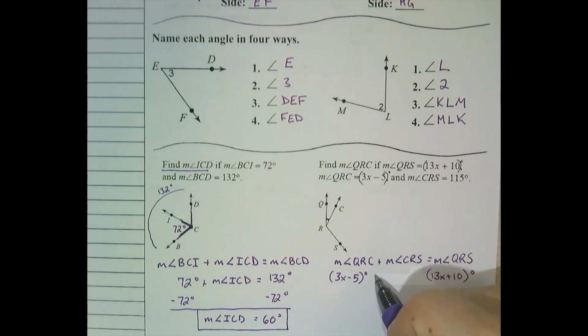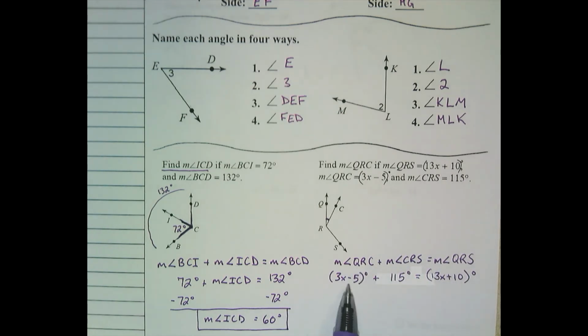And CRS is 115 degrees. There we go. So we know that QRC is 3x minus 5, but we don't know exactly what that is because we don't know what x is. So we're going to use this equation to find x, and then we can substitute that back in.